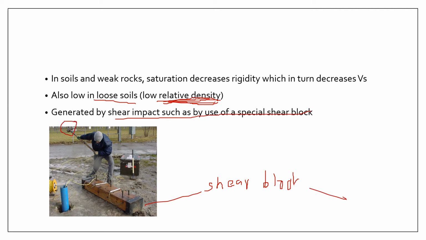What the surveyor will do here is hit this shear block sideways, and the shear block will introduce shear to your ground, and that will result in a shear disturbance.